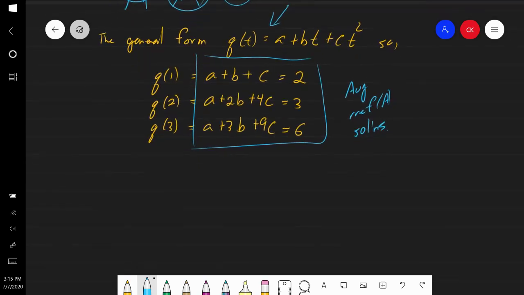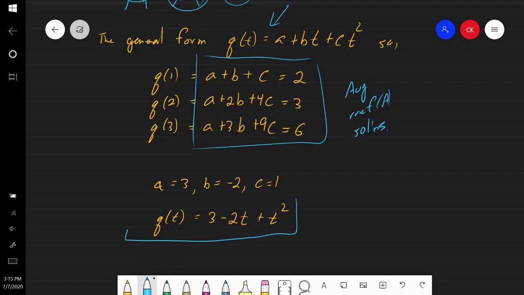In this case, when you run all of that through, a is equal to 3, b is equal to -2, and c is equal to 1. So then we get the polynomial q of t equals 3 minus 2t plus t squared. So this now is the quadratic polynomial that passes through those 3 points.